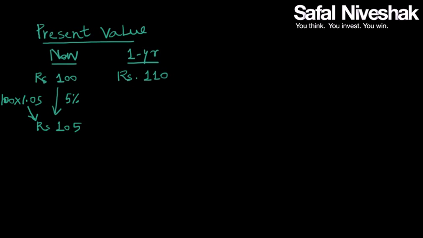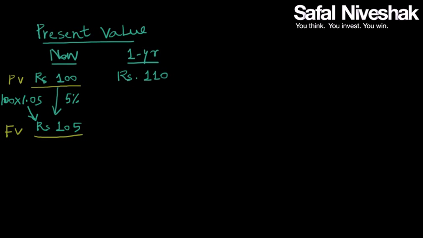Now coming back to the finance concept, 105 is the future value of 100 rupees, because you are getting this money in the future, and 100 is the present value of 105. So this is the PV, which is the present value, and this is the future value of 100 rupees.